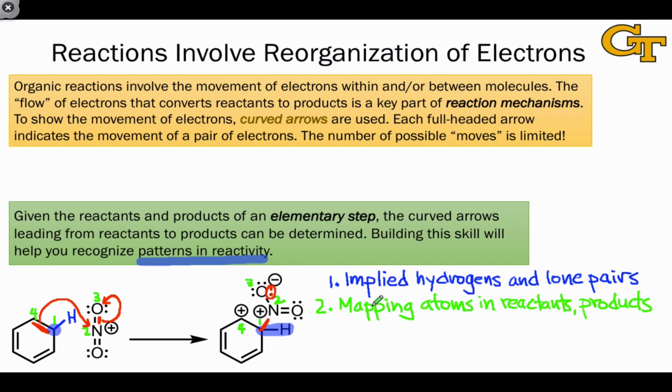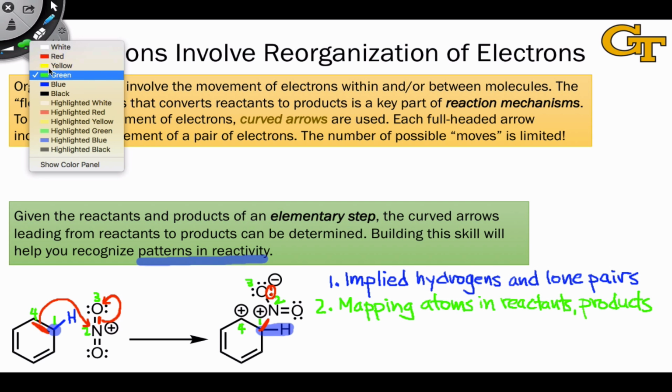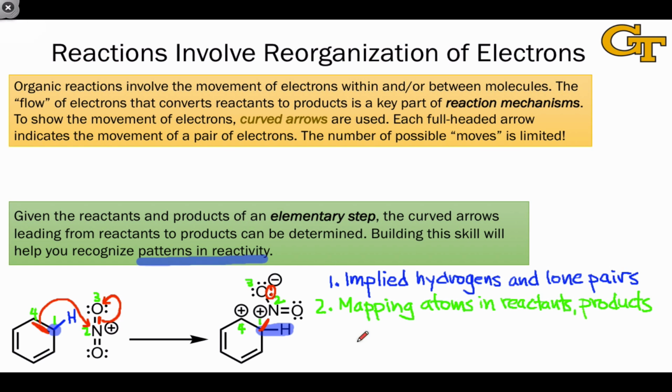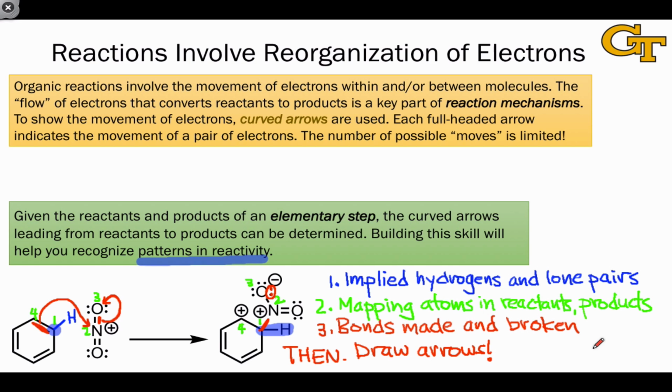And the idea is this prepares us for the next step, which is identifying bonds made and broken, and especially focusing on the pairs of electrons associated with those bonds made and broken and what their fate is over the course of the elementary step. Only after these three first steps are done, then we start drawing curved arrows. This is a situation where, at least in the beginning of applying the curved arrow formalism, you want to apply that detailed, rigorous analysis so that you really understand the bookkeeping of the system inside and out.